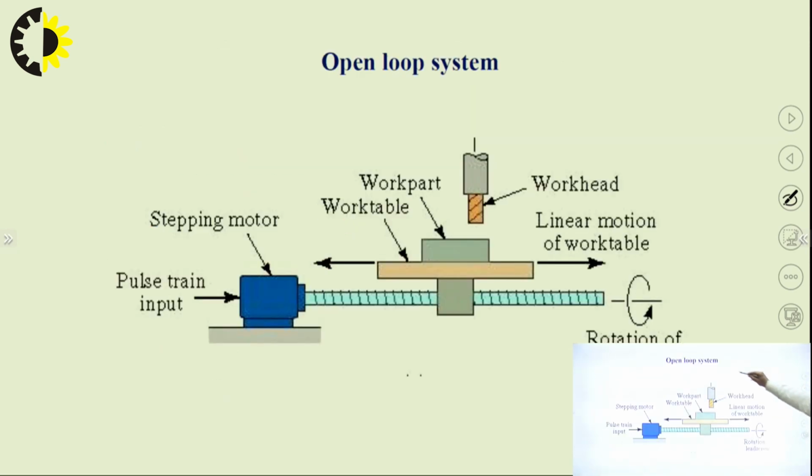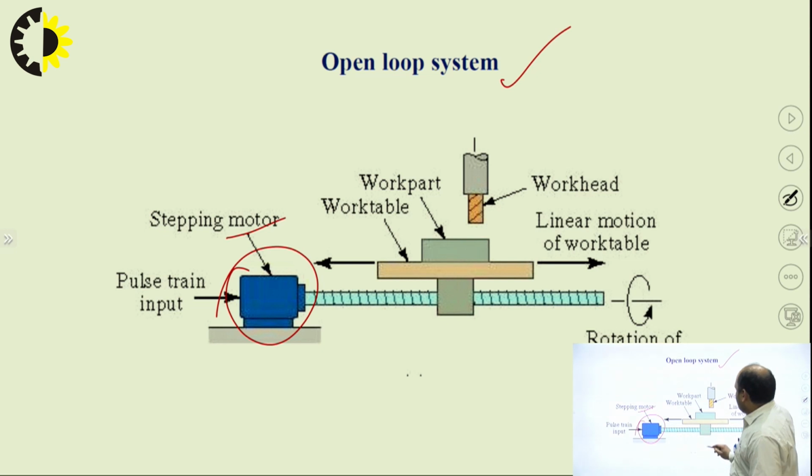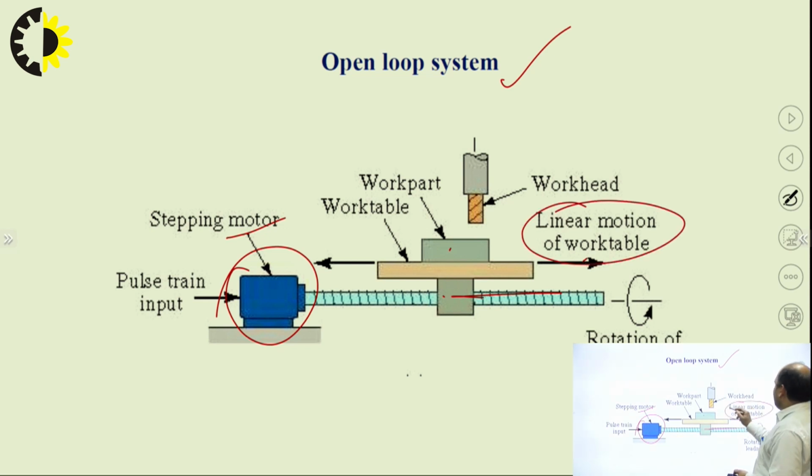Here we can see the input is given to the stepper motors, and the work table is attached to the lead screw, so linear to and fro motions are there. There is only one way of giving motion to the stepper motors, and accordingly it can move in to and fro directions with the rotation of the lead screw.